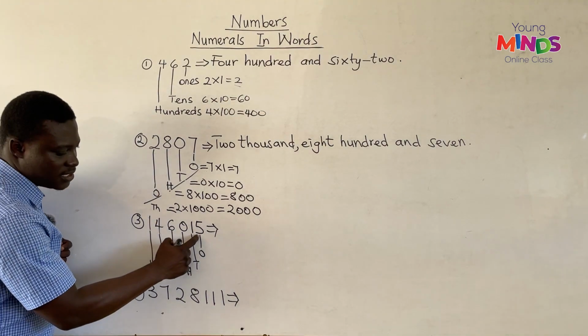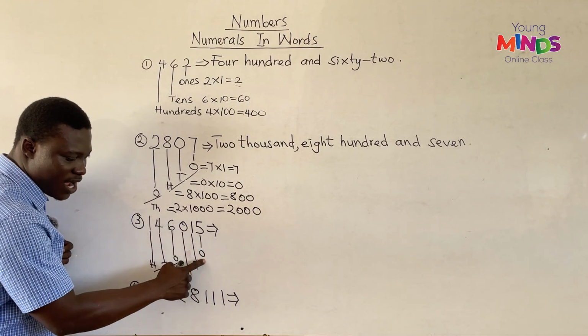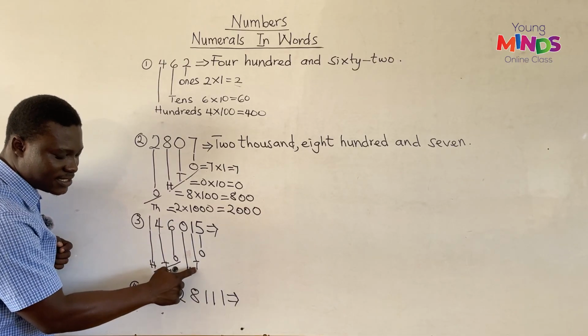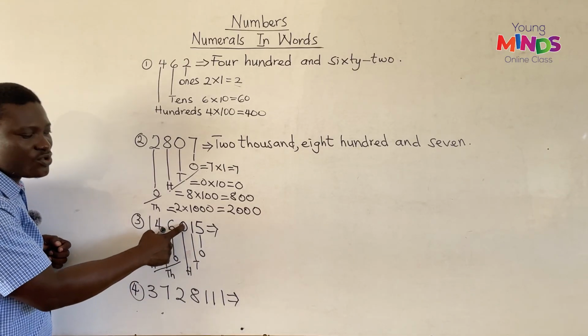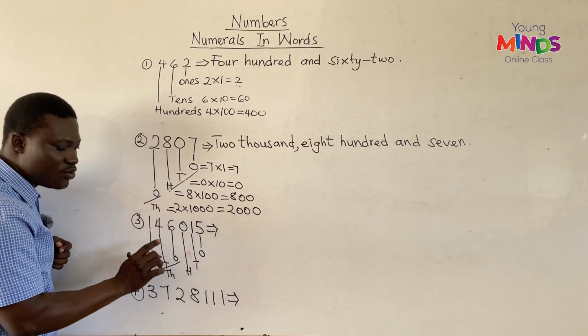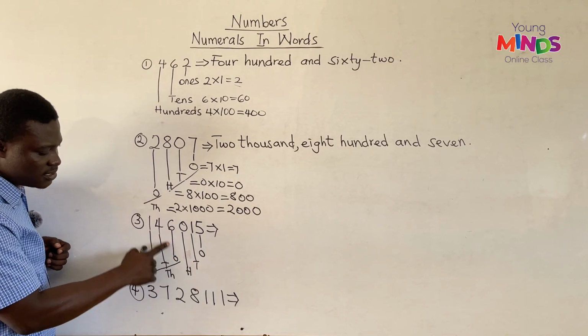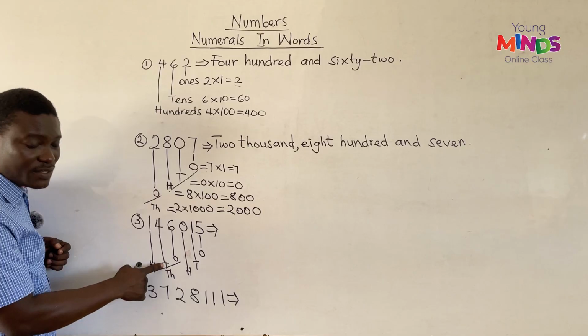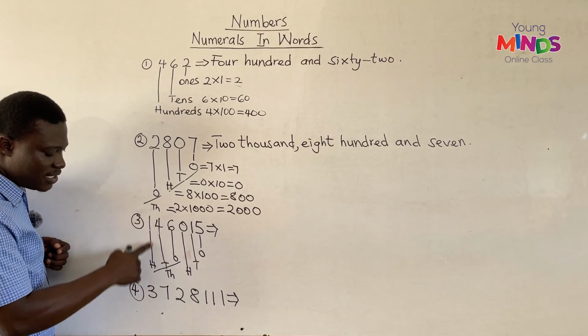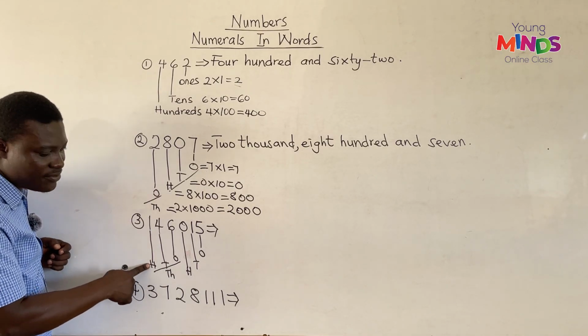And so this ones will be 5 ones. Then 1 in tens, 10. 0, we discussed earlier on that because it is 0, we will not mention it. Then here, 6 in ones will give us 6. 4 in tens will give us 40. 1 in hundreds will give us 100.